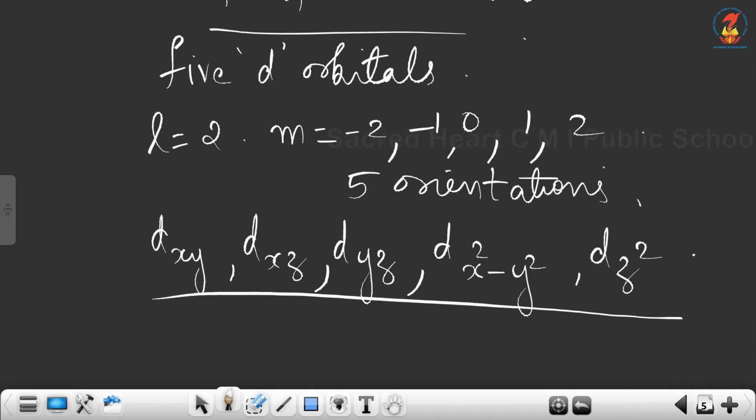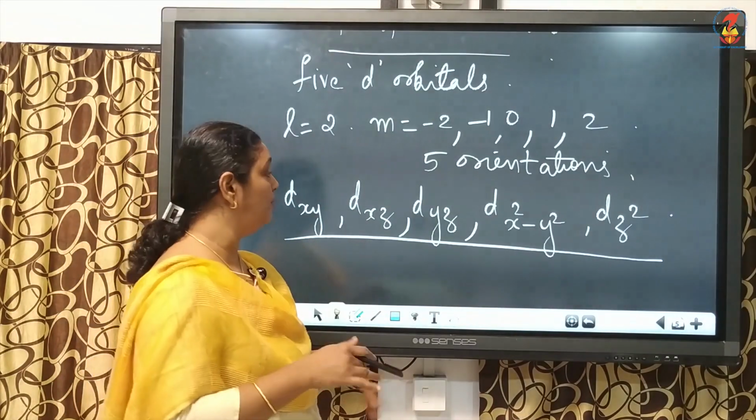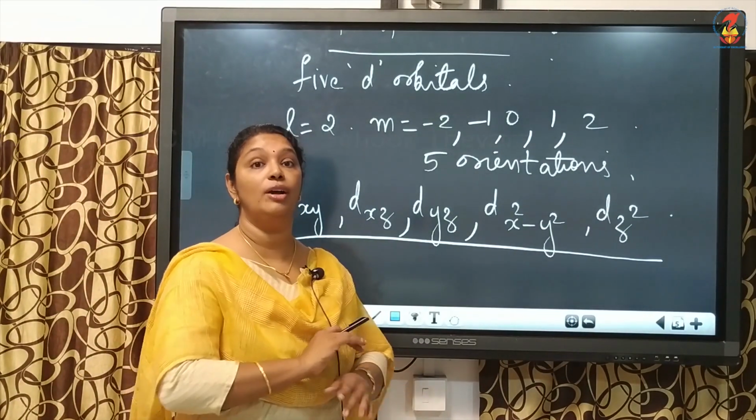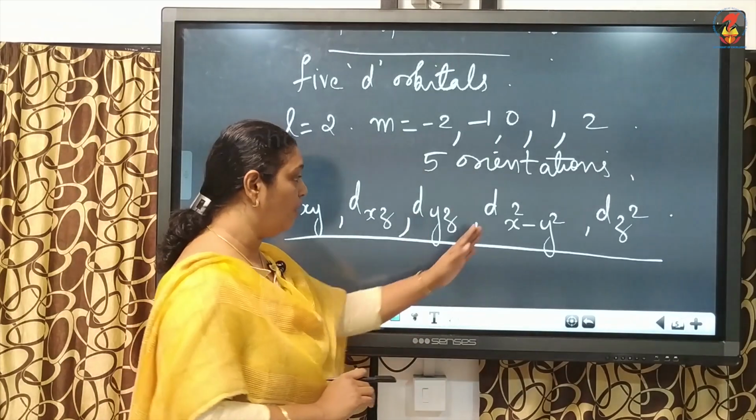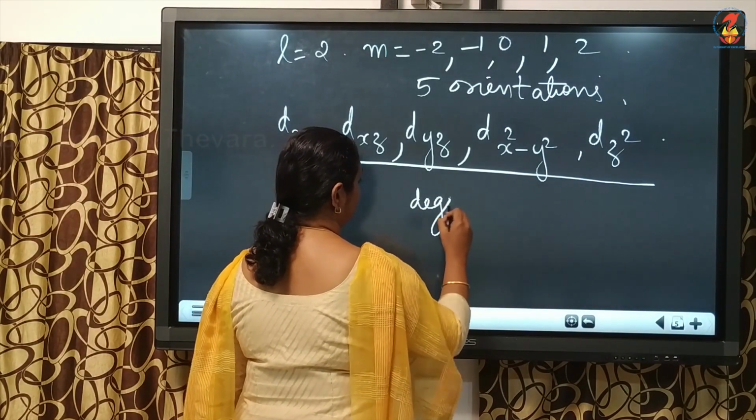Now these 5 d orbitals have the same energy. Suppose it is 2dxy, n is equal to 2, 2dxz, 2dyz, they all have the same energy. So we can call these 5 d orbitals degenerate orbitals.